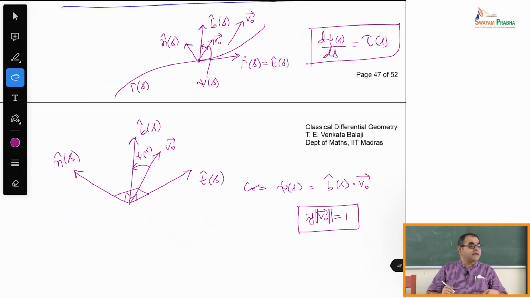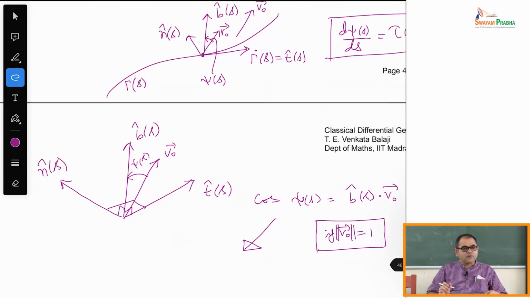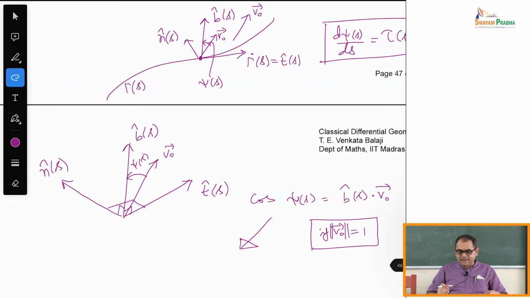Now how do I get the rate of change? I have to differentiate, but I will tell you something here. I will make use of the following fact. The change in b is only going to happen along the normal direction. Therefore, the angle that actually matters is what you get when you project this v naught onto the normal plane.